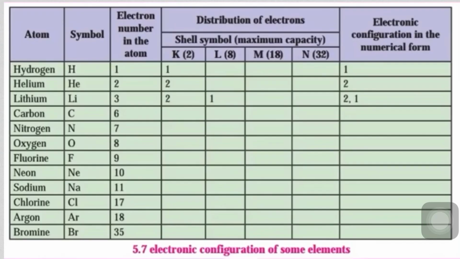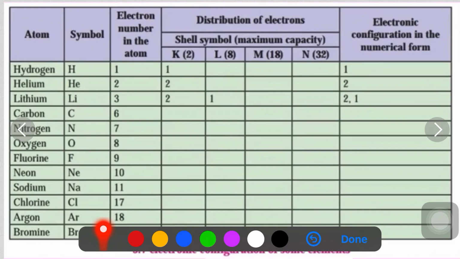Students, let us now look at the electronic configuration of atoms of some elements. On page number 33, table number 5.7 is given. Rows 1 to 3 are filled in this table. Accordingly, you have to fill the rest of the table.